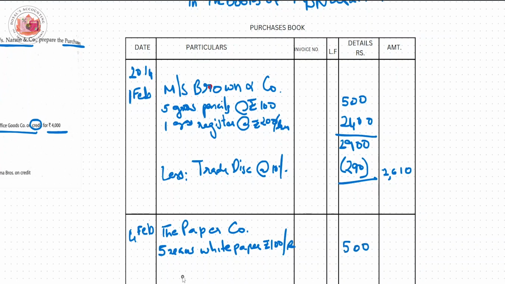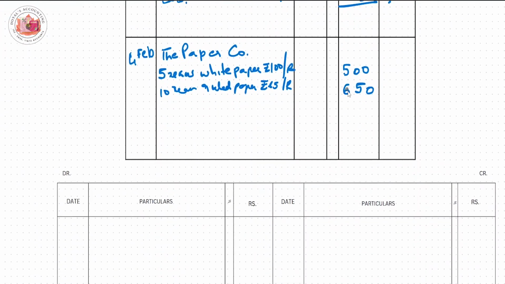And next one is 10 reams of ruled paper, rupees 65 per ream, so that makes it rupees 650. And I have been given a trade discount of 10%.